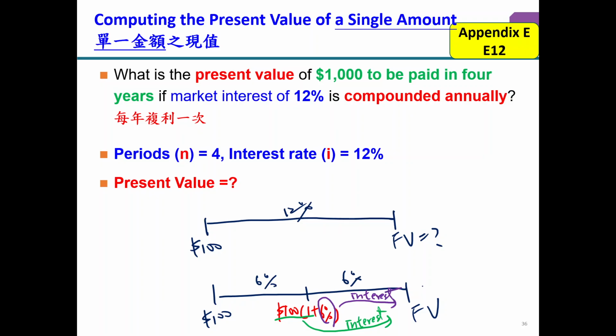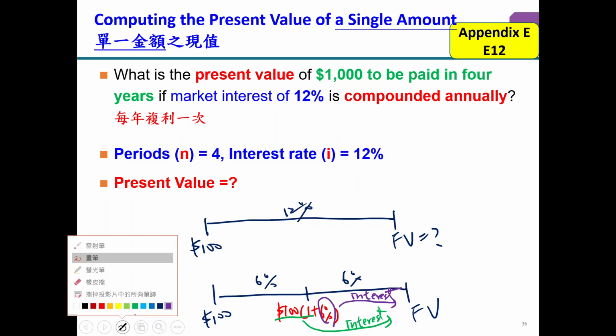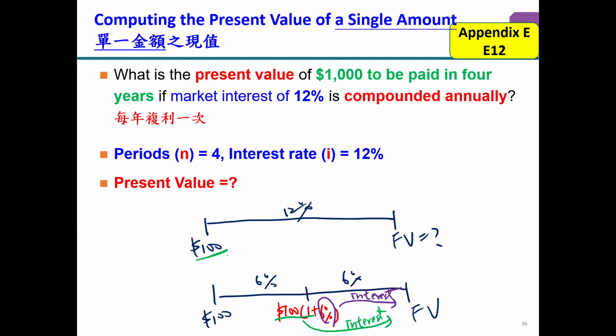So of course, you can get more money back because your 100 can help you to get the interest, and your 6% interest can help you to get another interest. But how about the first case? First case, you can get interest only from the $100.